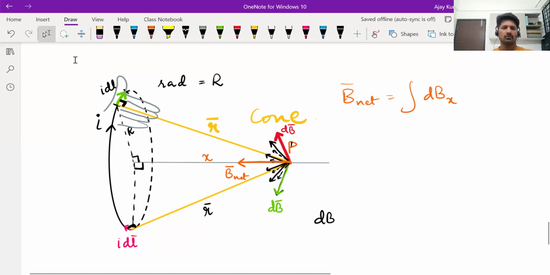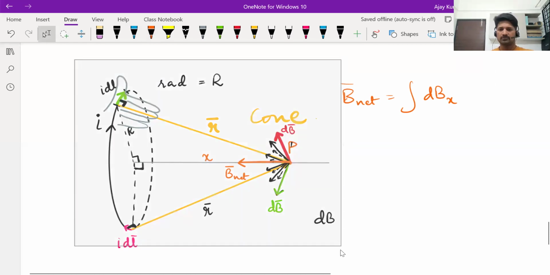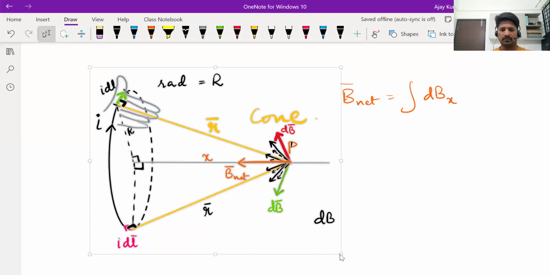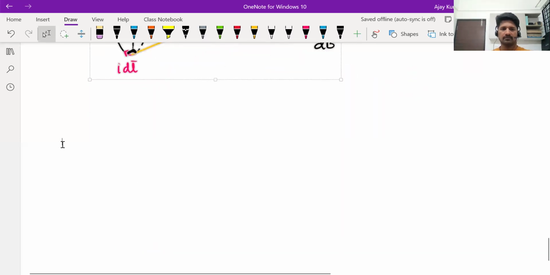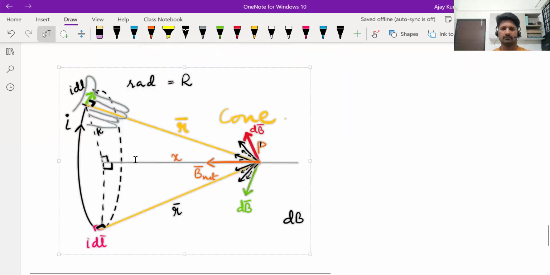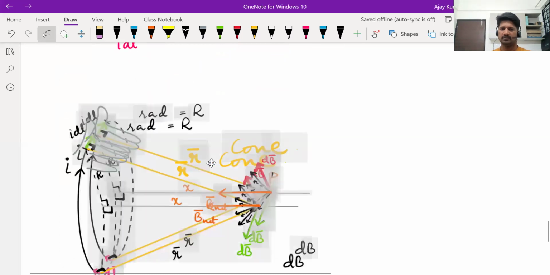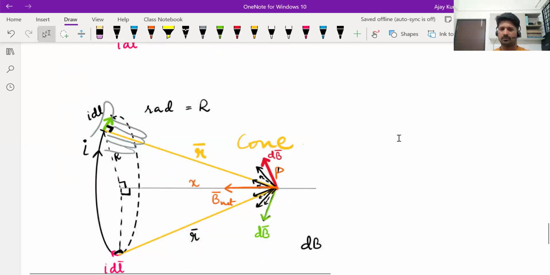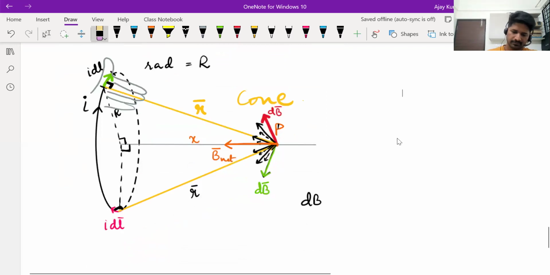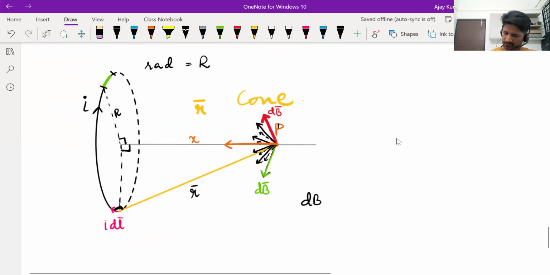To take the x component, let us visualize only one field clearly. Again, this is a three-dimensional diagram. It is slightly difficult to show properly on screen. Let's not consider this element. Let's take that lowermost element itself. I'll remove the other arrows.